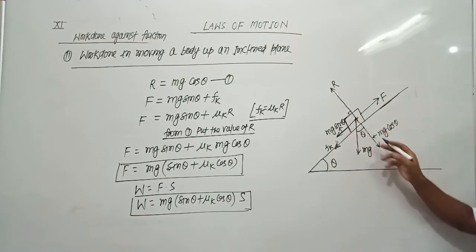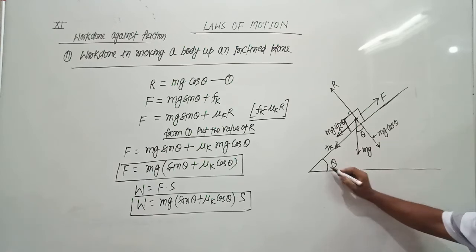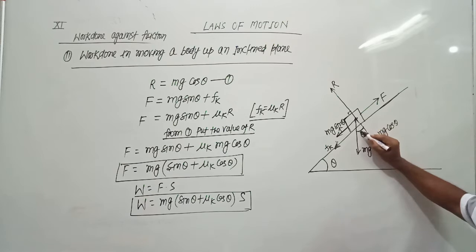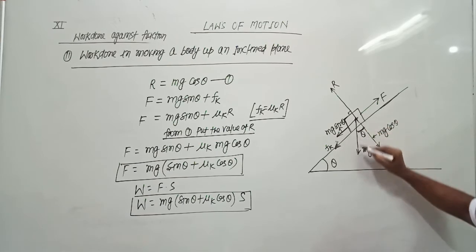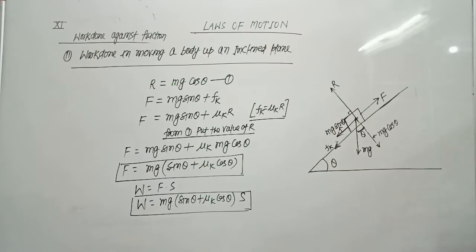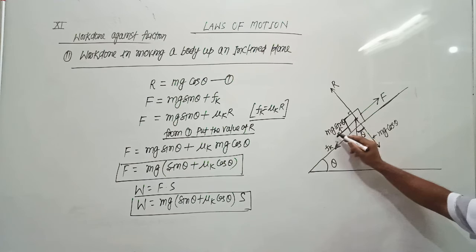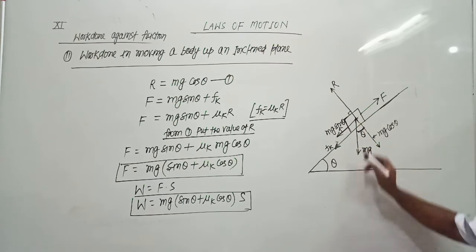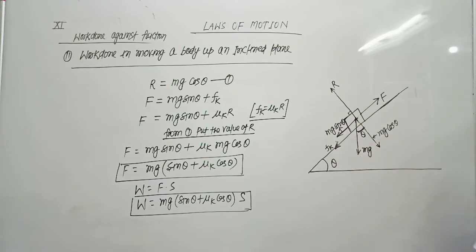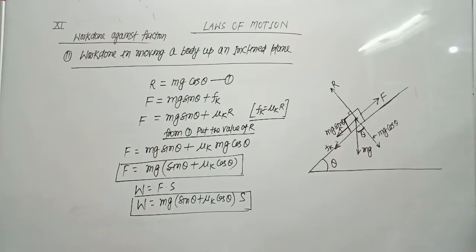Now the produced normal reaction is in the backward direction. If this angle is theta, then by geometry this angle will also be theta. So mg is inclined at an angle theta, and there must be two components of mg. One is mg cos theta, another is mg sin theta. And the kinetic friction Fk acts in the direction opposite to the applied force.